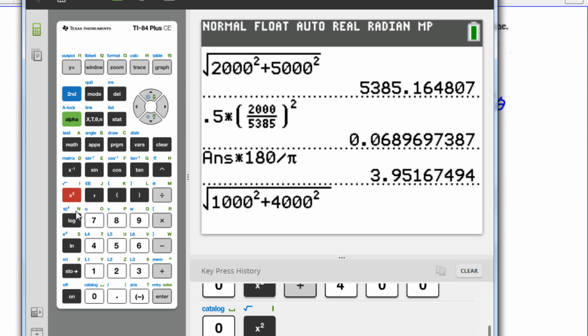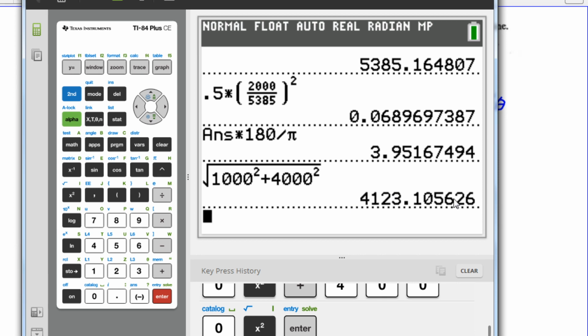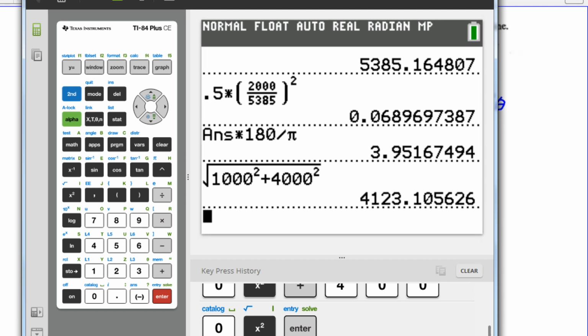Does this look pretty hard, what we're doing here? Because I'm telling you, in my years of teaching calculus, this is one of the things that I have to review most carefully when it comes time to teach it. 4123.1.